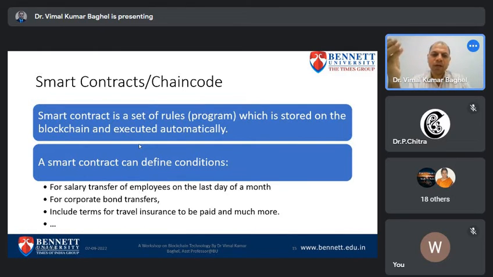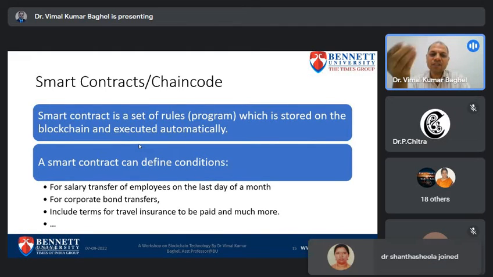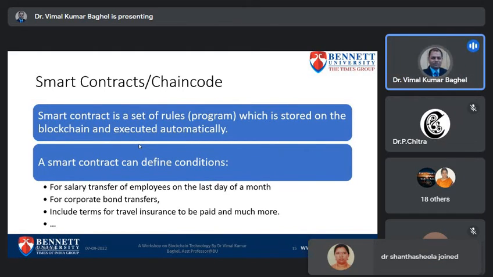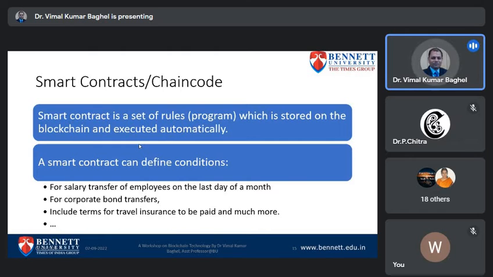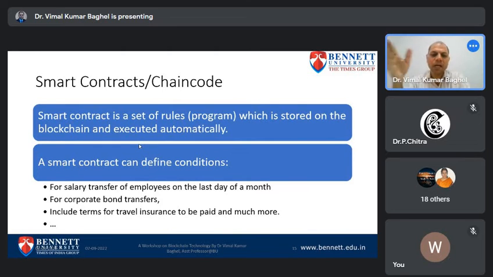For example, whenever we are transferring the salary of an employee on the last day of a month, the condition is satisfied if it is the last day of the month, so there will be a transaction triggered from the account of an employer to the accounts of the employees, and then the salary will be transferred from the employer's account to the employee's account.